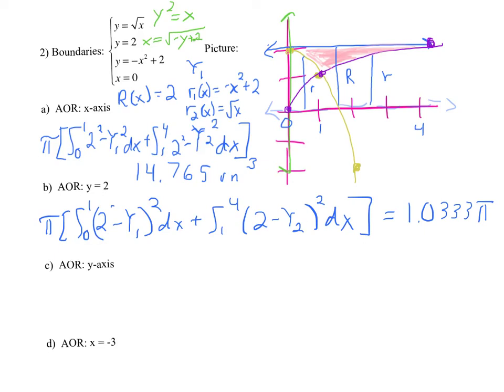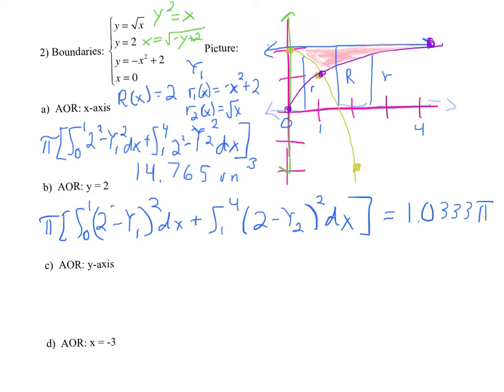So subtract the 2, multiply through by the negative, and then we have x equals 0.